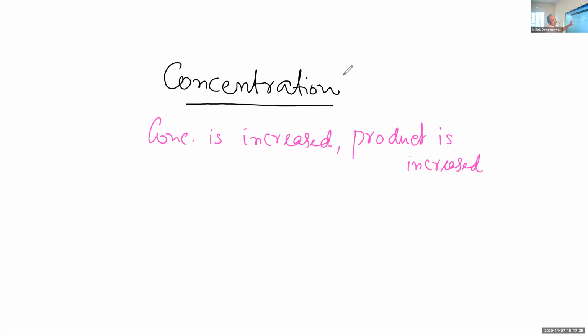That means when concentration of the reactant is decreased, the backward reaction increases, the reverse reaction increases, and the product is decreased. Formation of the product is decreased. That is what is happening.